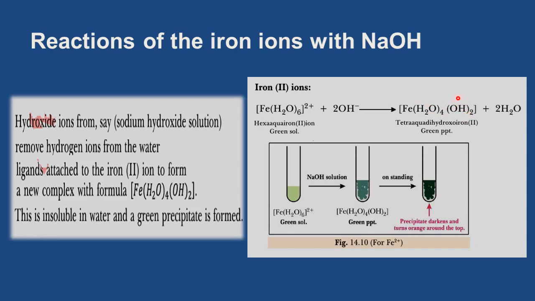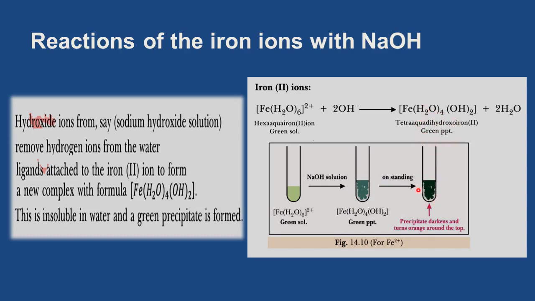So -2 is going to cancel out +2, and on the whole, this complex is neutral. Now students, whenever we have a neutral complex, mostly it is insoluble in water. That is why it is going to settle at the bottom. The color of this complex is green. So the precipitates are going to settle at the bottom.